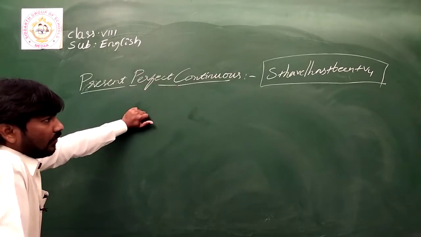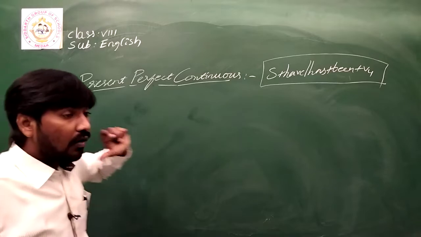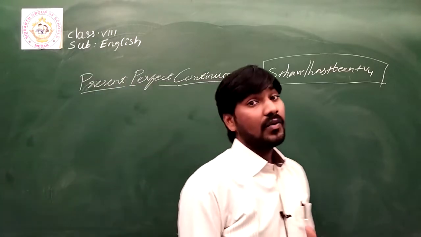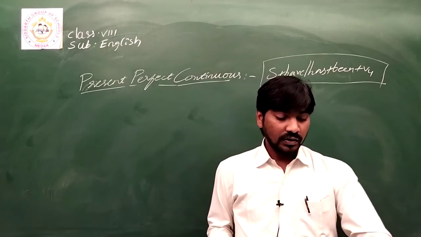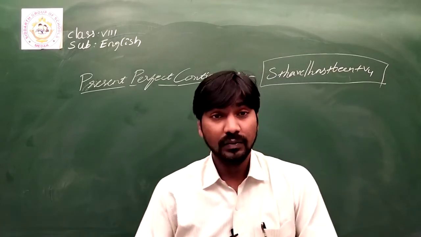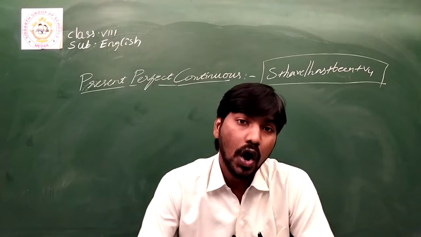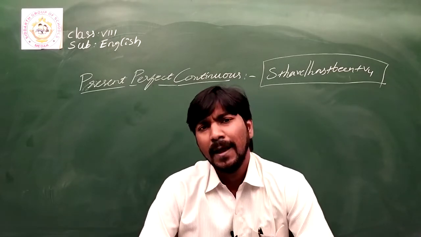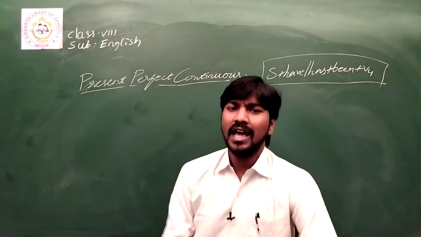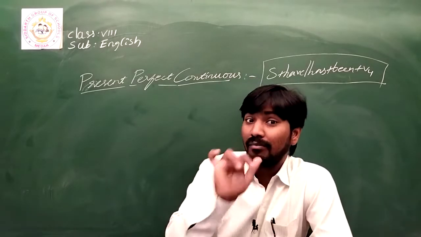Now we are going to talk about where we have to use this present perfect continuous. Do you remember, continuous tense means ongoing action, and perfect tense means completed action.